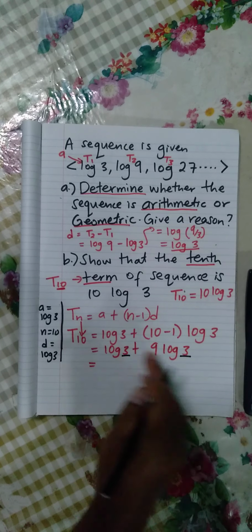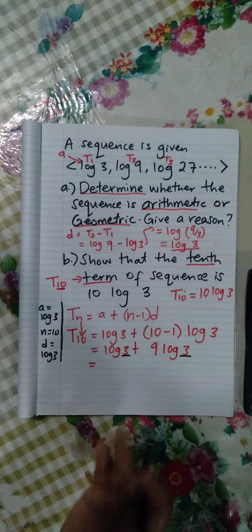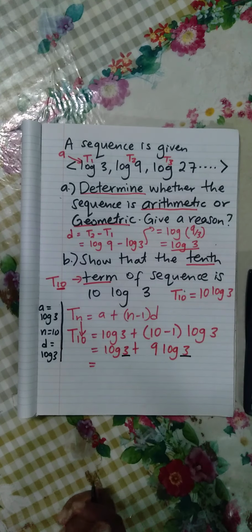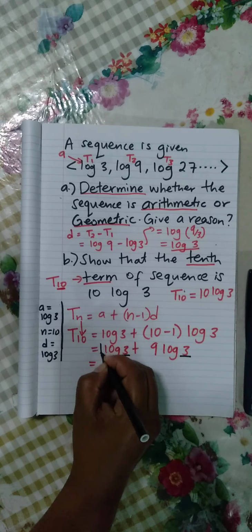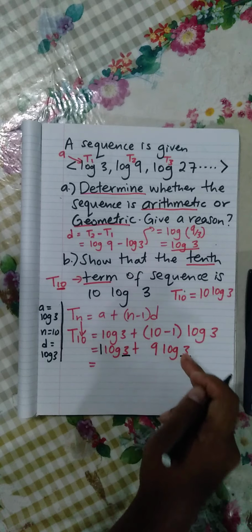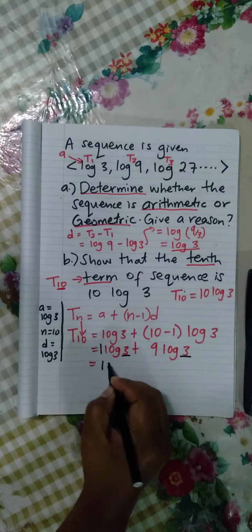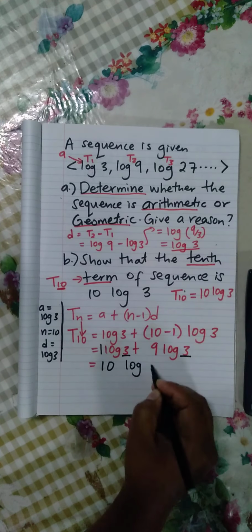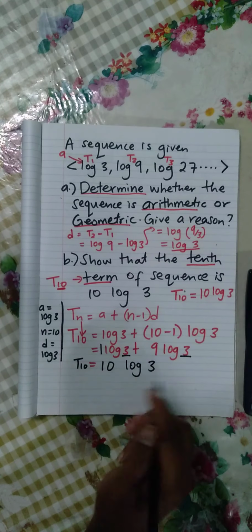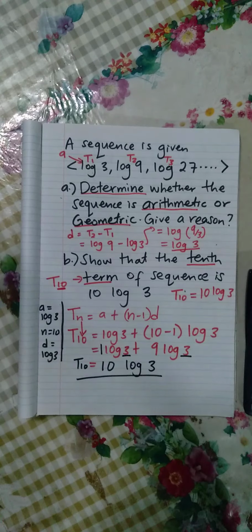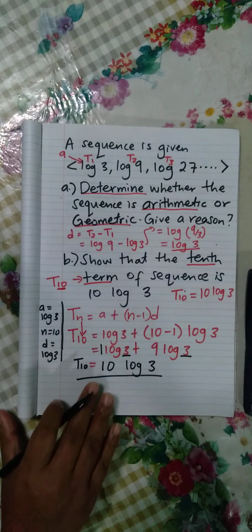After log is 3, and after log is also 3, so we consider them like terms. There's no number in front of the first one, so that means it is 1. 1 log 3 plus 9 log 3, like terms, gives 10 log 3. And we have proved that T10 is equal to 10 log 3. So we have proved that answer, and that is correct.